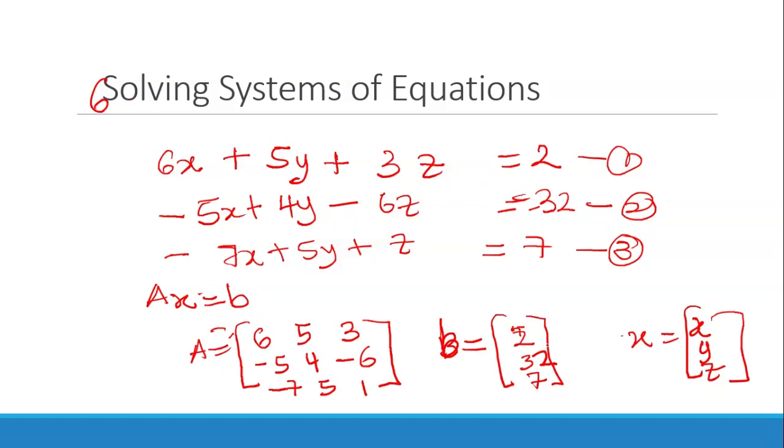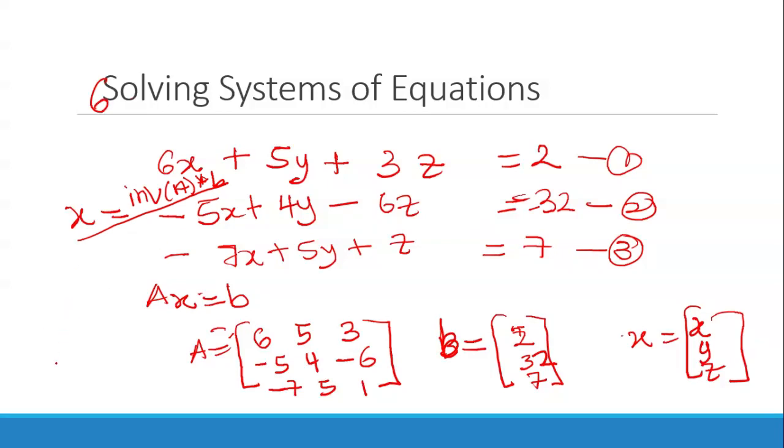So if that is the case, if they are equal to 3, we have several ways of solving the equation. Now the first way of solving the equation is to find x, which is equal to the inverse of A multiplied by B. So this is the first method for finding the solution.